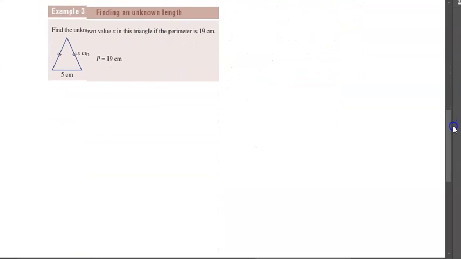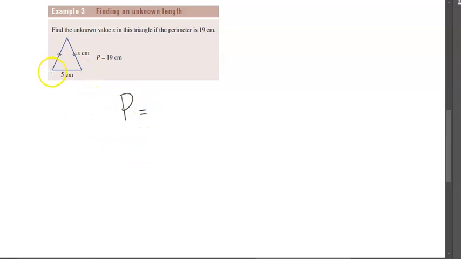Last up, a question that you might stumble across, or you will stumble across within your questions, is that we're going to find the unknown value of this length here, x, given that the perimeter is 19 centimeters. So if we know that the perimeter is 19 centimeters, to get this outer edge, we know that the perimeter is going to be x, because this here is x, so this also is x centimeters.